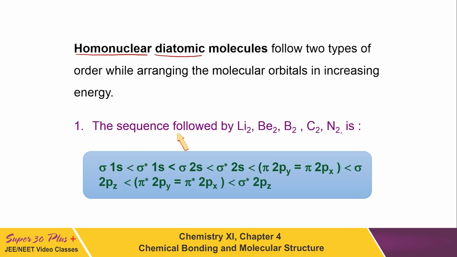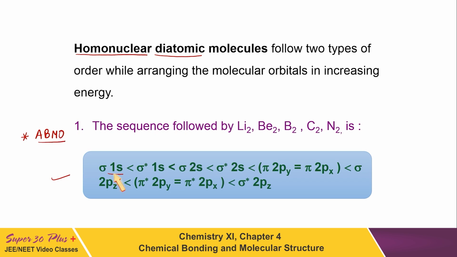The one order is followed up to nitrogen, that is lithium, beryllium, boron, carbon and nitrogen, and this order is in this manner, where the least energy is of sigma 1s, then sigma star 1s. Remember, when we represent the star sign, this simply means ABMO, anti-bonding molecular orbital. You already know this; we discussed it in the previous session.